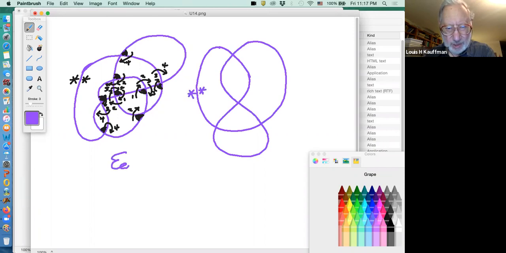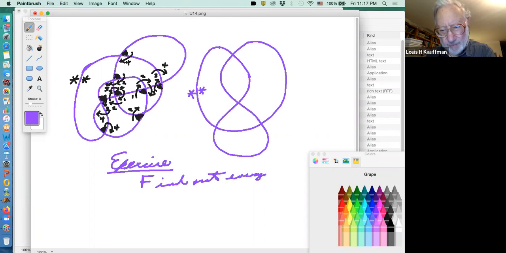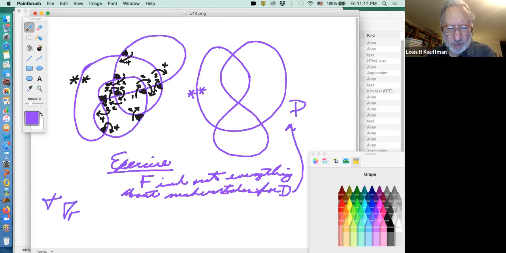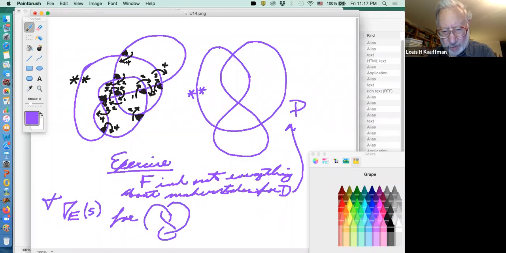And the exercise is: find out everything about marker states for D above, and delta of E of S for the figure-8 knot, which is the structure over that diagram.